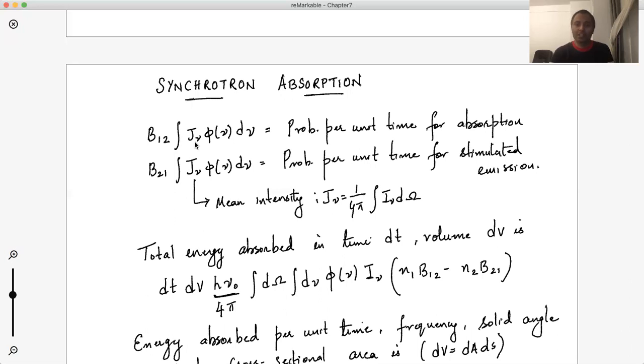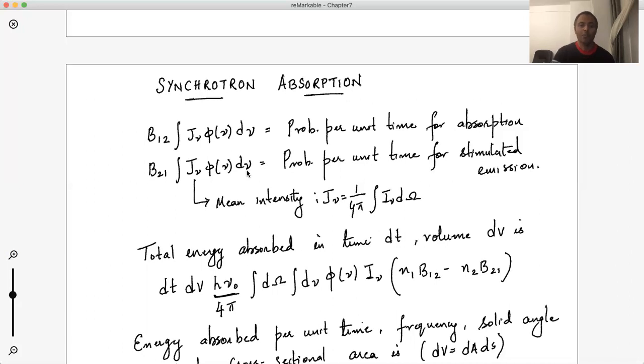It's nothing but specific intensity averaged over all solid angles. You can think of it as the specific intensity I nu, but with the average taken over all solid angles. That gives you probability per unit time, so this whole thing has units of per second. B21, defined similarly, is the probability per unit time for stimulated emission.